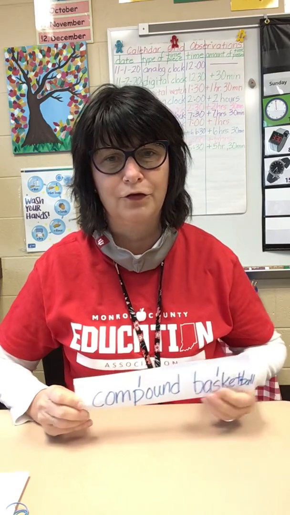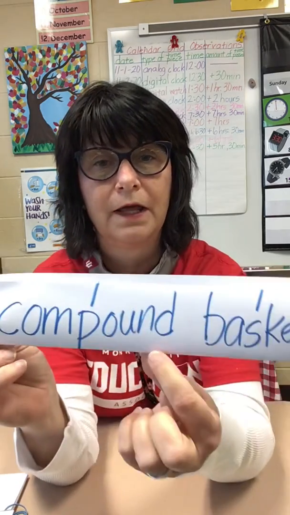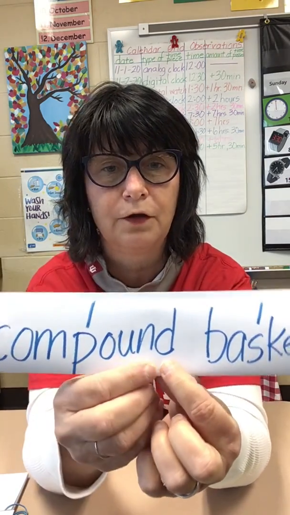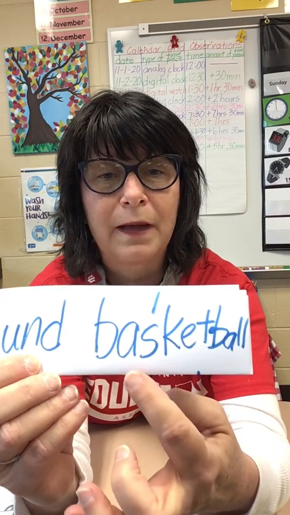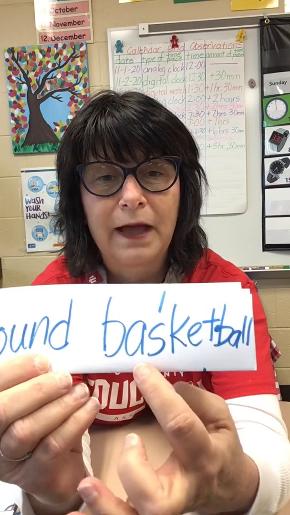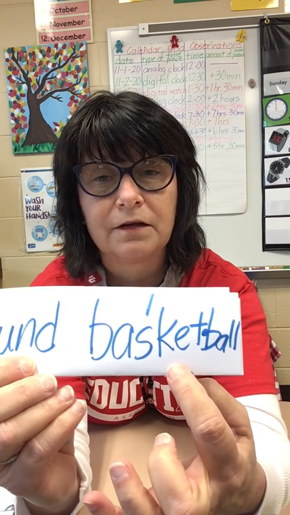Right? The other one you can do is look for a compound word. I kind of ran out of space on this one, so I had to squeeze it on, so I'll have to show you. This says compound. You're looking for a compound word. Look at this. There's that basket that we just did. Basket. Oh, I know basket.